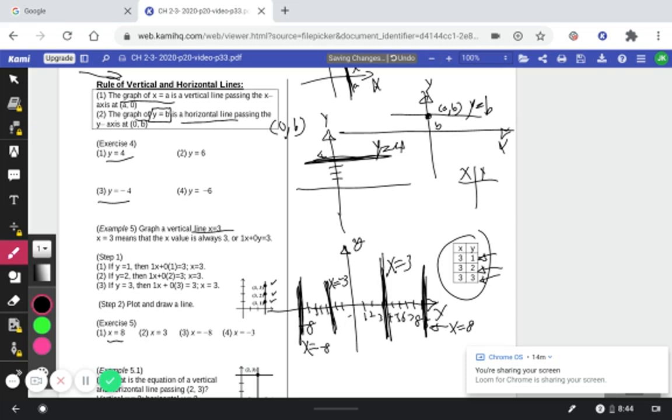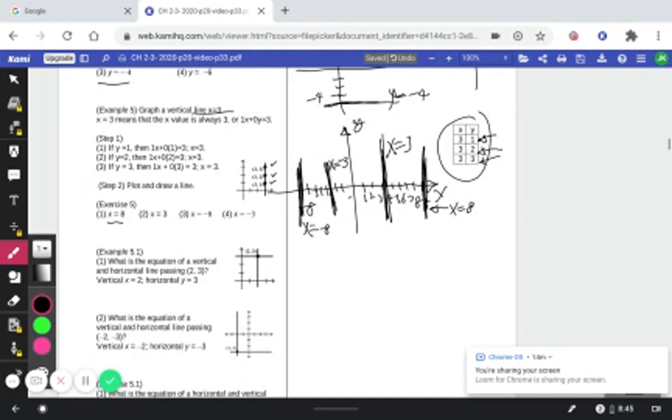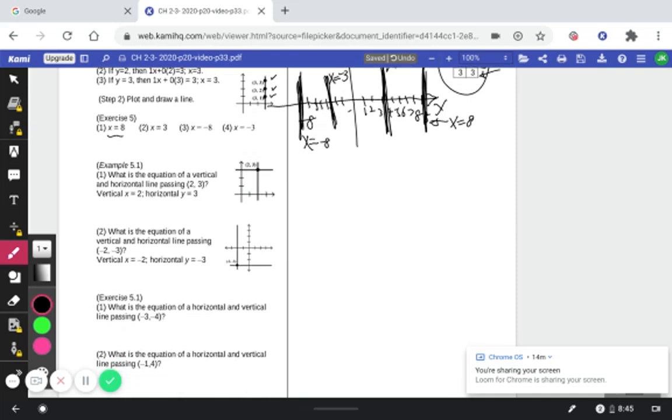So it meets at (0, -4). So that's y equals negative 4. So that's how you draw vertical and horizontal lines. And you have to memorize it, and not confuse what the x equals 2 line looks like compared to what the y equals 2 line looks like.